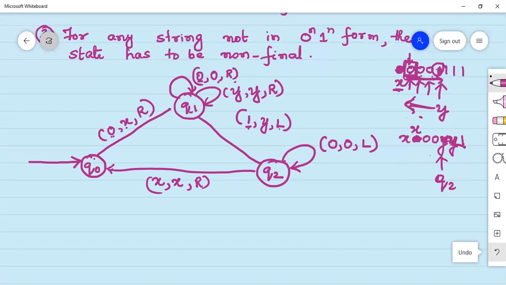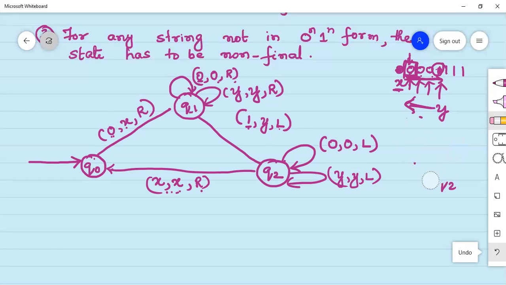Again, you can see Q2 on y is not written. So if y is there, what will I do? I'll just come back, isn't it? So if you get a y, make no changes, you just move towards left. Okay. So I keep moving towards left till I get an x. Once I get x, I go to state Q0.